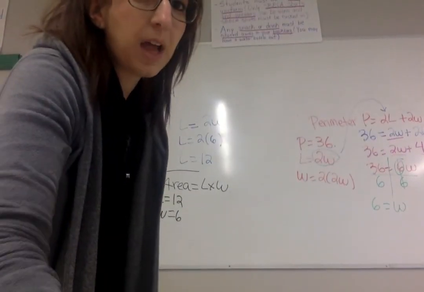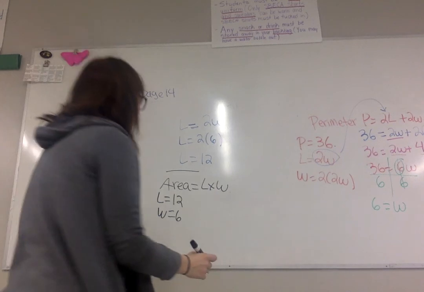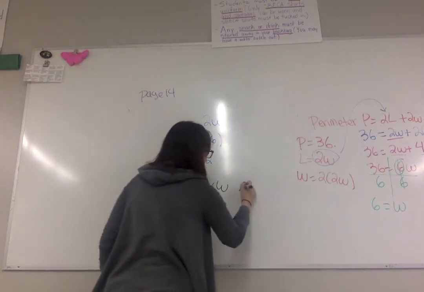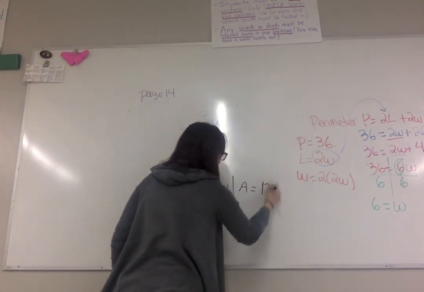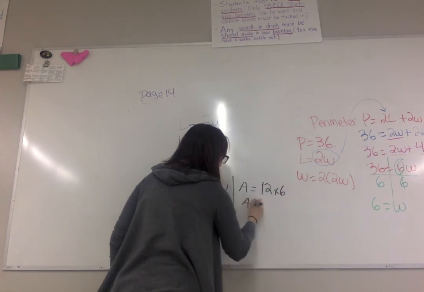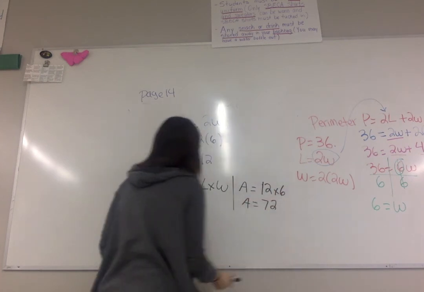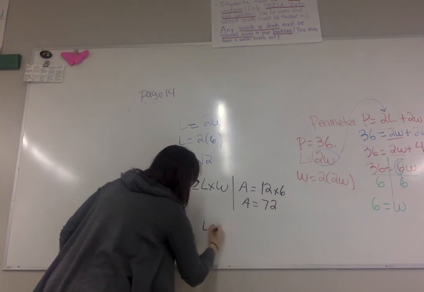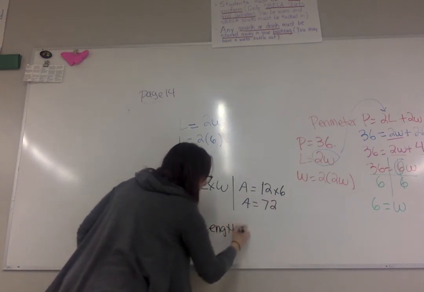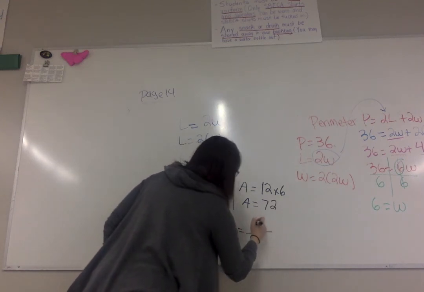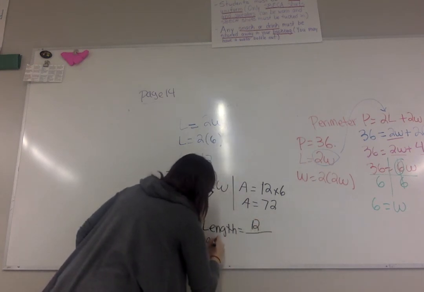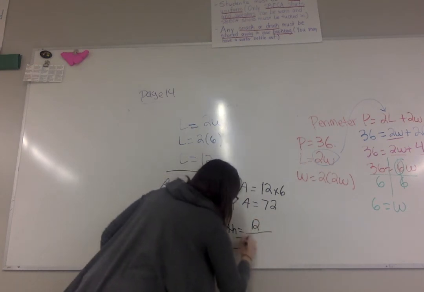I'm going to write area equal 12 times 6. I now get 72. So where it says length, you're going to write 12. Where it says area, you're going to write 72.